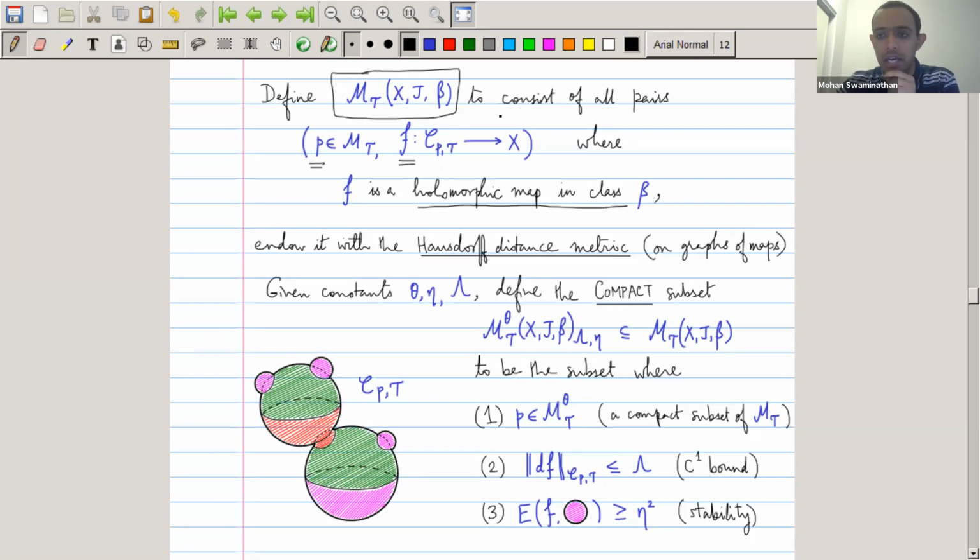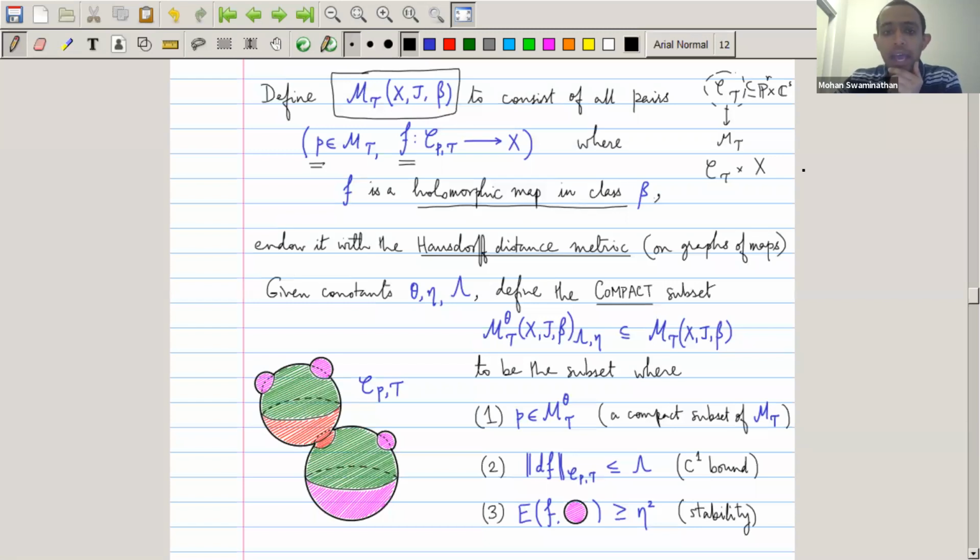So this right now is just a set, but now I can answer the question of what the topology on this is, very precisely. Remember that I told you that C_t over M_t also carries a metric, because it's explicitly embedded inside some P^R × C^S by some coordinates. So C_t carries some metric, and in particular C_t × X carries a metric.